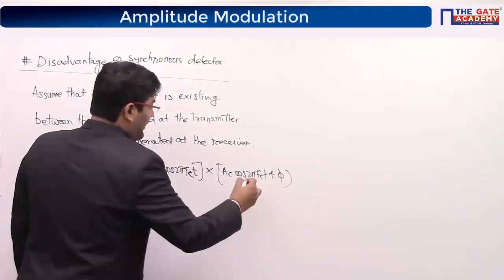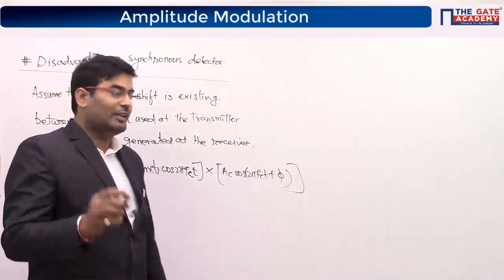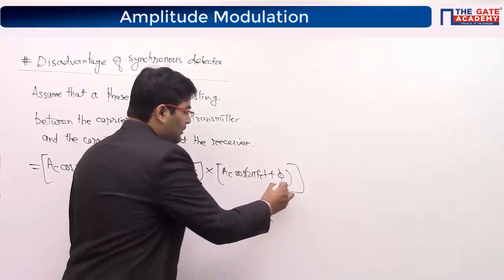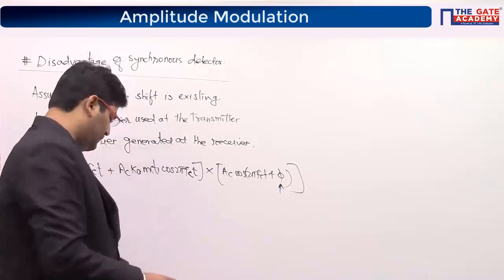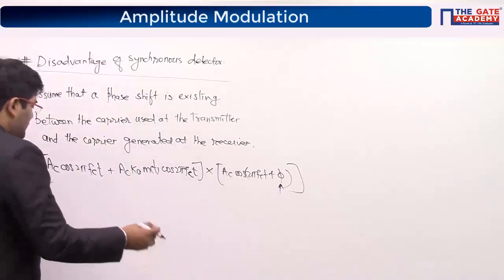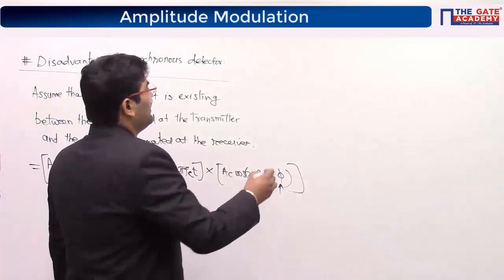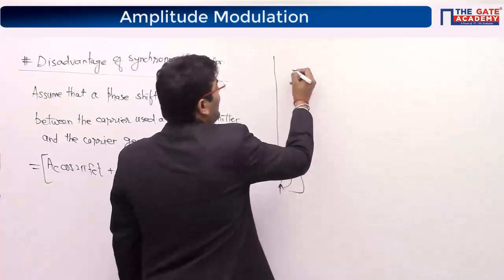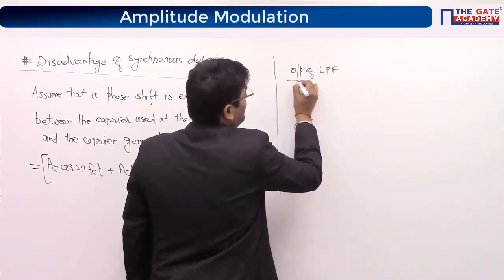Actually you are multiplying with a phase shift of phi. Now guys, this phase shift is going to screw up the whole output. That's your homework. You can go and multiply and use a low pass filter, but in the interest of time, I'll just directly write the output of the low pass filter.